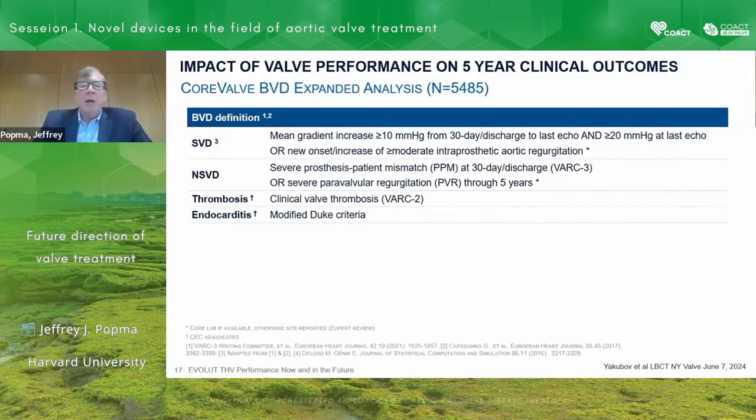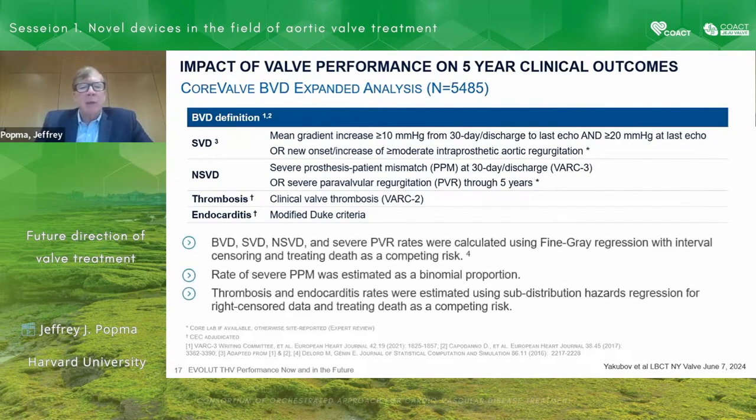So we relied upon an analysis of all of our high-risk and intermediate-risk patients and our concomitant registries, 5,500 patients, and we defined bioprosthetic valve dysfunction as structural valve deterioration, non-structural valve deterioration, thrombosis, and endocarditis, using VARC-3-like criteria for a change in gradient of more than 10 and a gradient over 20 to define structural valve deterioration.